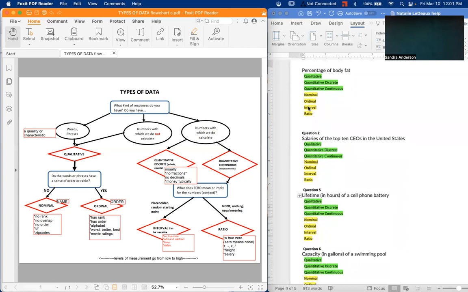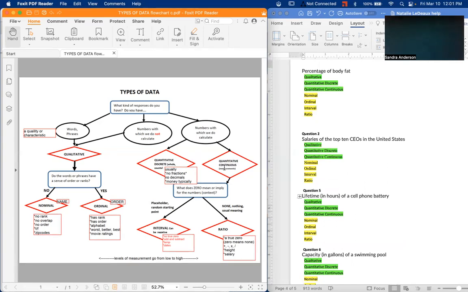Okay, so let's keep moving. Percentage of body fat. Percentage of body fat is going to be a number because it's a percentage of body fat. We need to decide if it's discrete or continuous. We probably can't count that percentage of body fat.